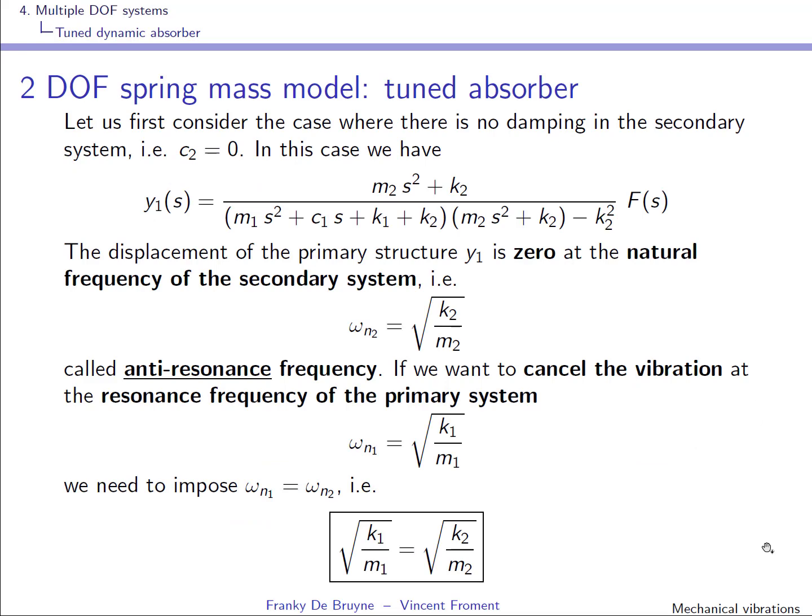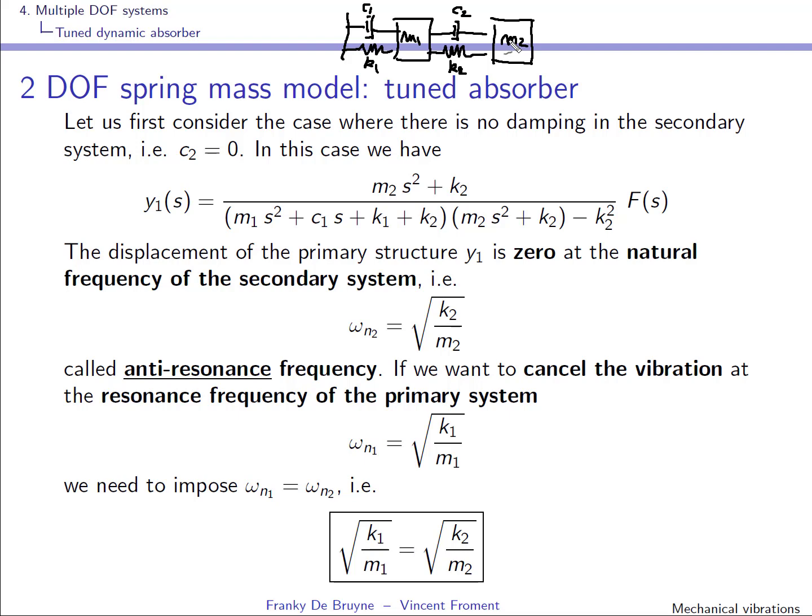Okay, so remember the system that we are considering. It's a damper C1, a spring K1, a mass M1, then again a damper C2, a spring of stiffness K2, and our second mass M2.